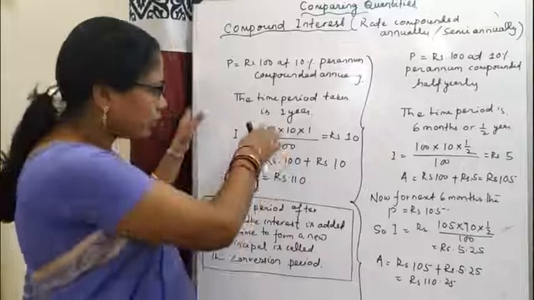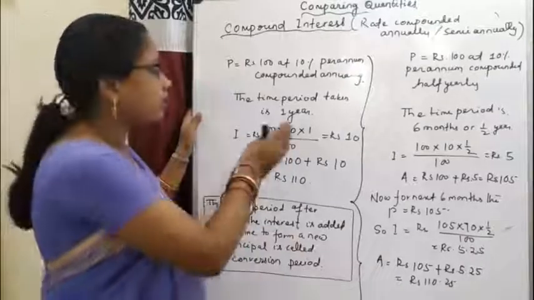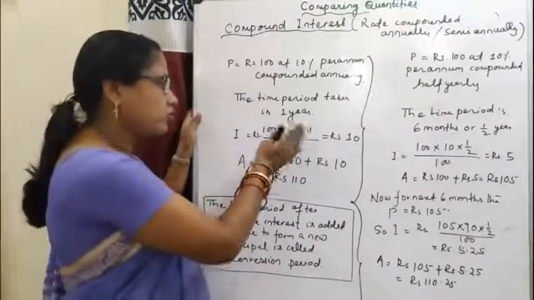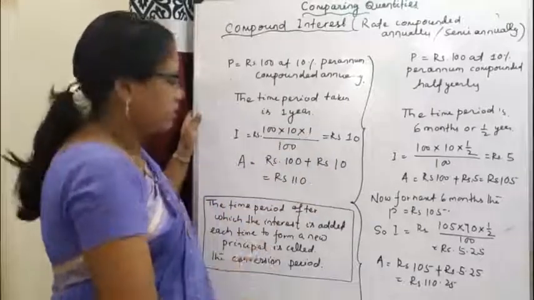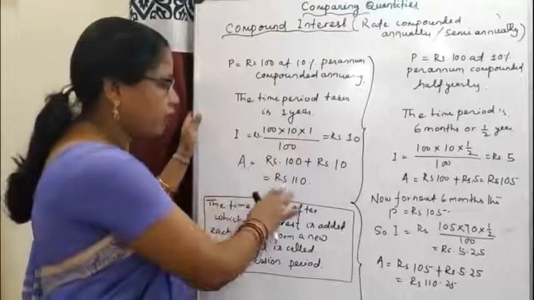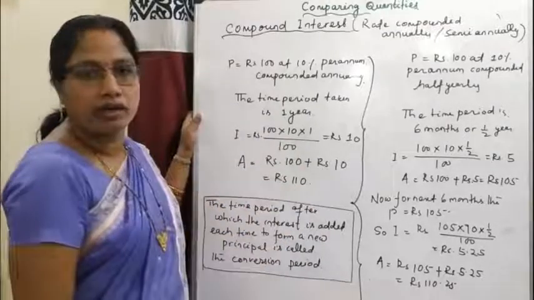When we calculate the interest by taking the simple interest formula, the rate of interest is 10 and time is 1 year. So the amount after 1 year is rupees 110.